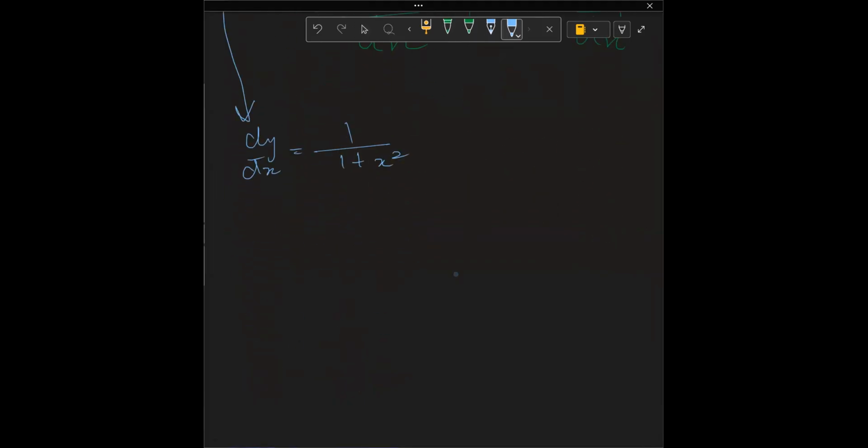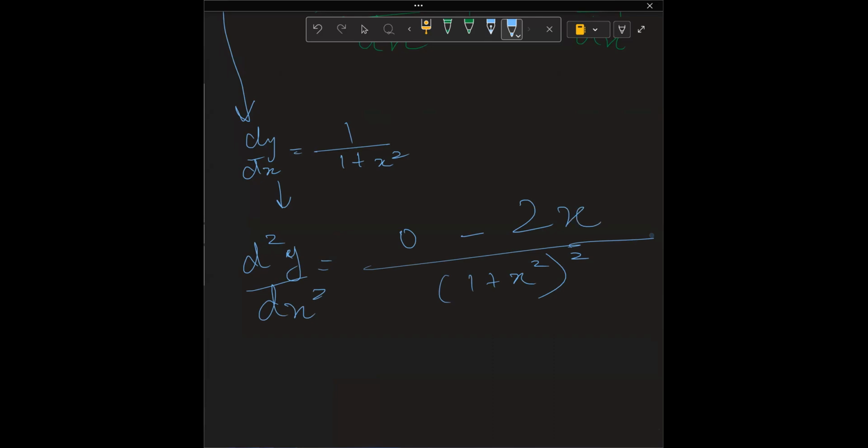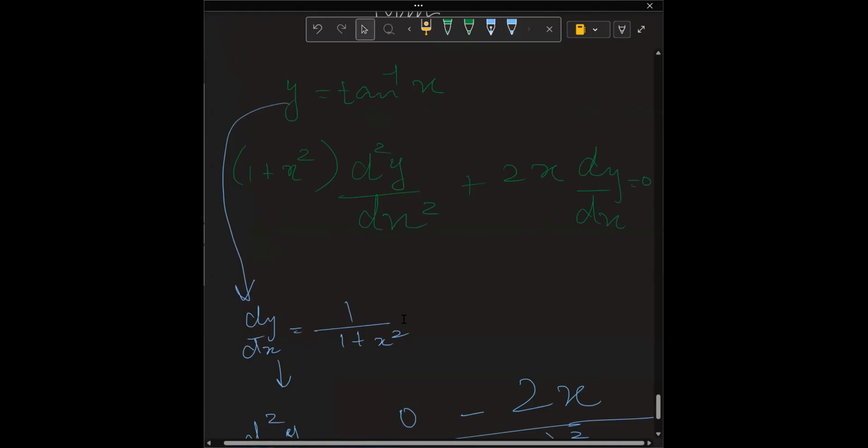And if I want to derivate this again, that is going to be d2y upon dx2. That is going to be minus of 2x over the square of 1 plus x square. So you got all the things.